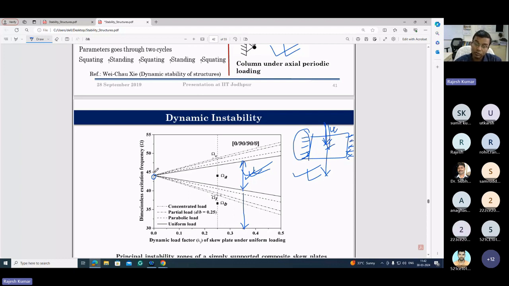At one point you have instability when loading amplitude tends to 0. But when you have a certain amount of loading amplitude, as you increase the loading amplitude, the range of frequency where the structure will be dynamically unstable increases. Not only one frequency, but in ordinary resonance, there is always one frequency where the structure will be dynamically unstable, and the loading frequency coincides with the transverse frequency of the structure in the same direction.